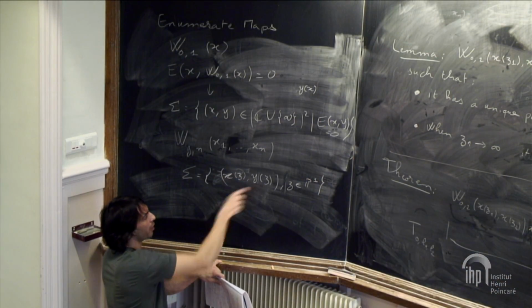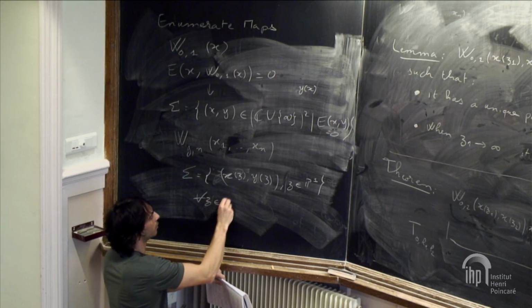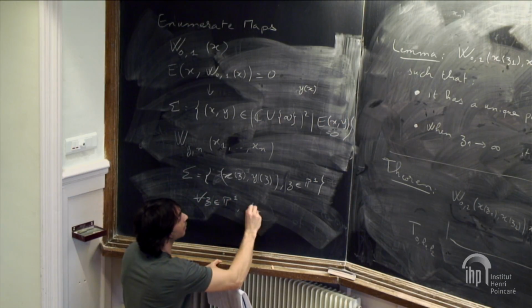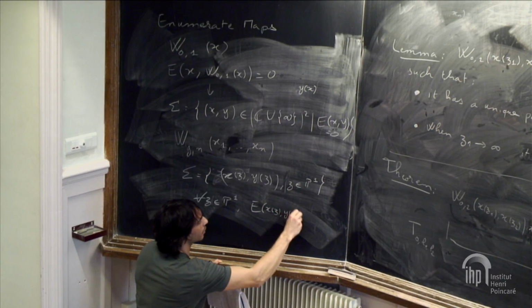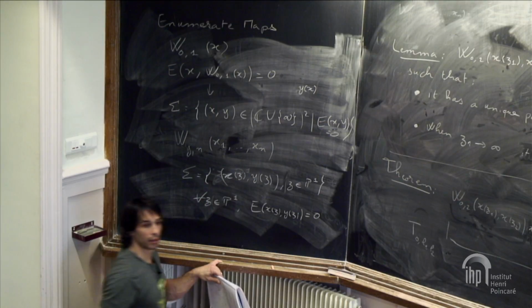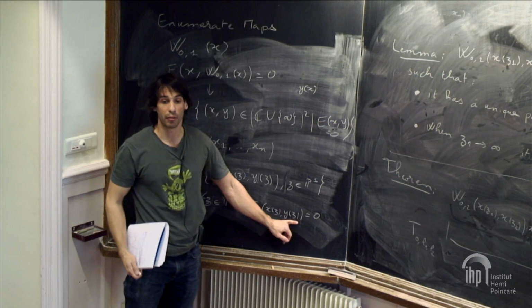And so there are two functions such that for all z, the equation E of x of z, y of z is fulfilled. And last week I gave you an explicit expression of y of z.